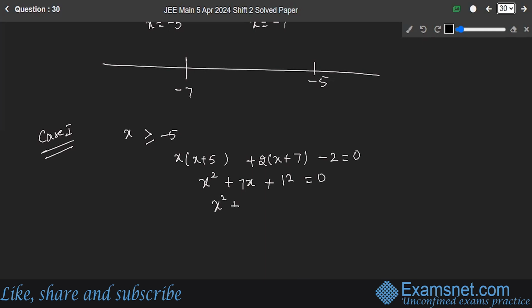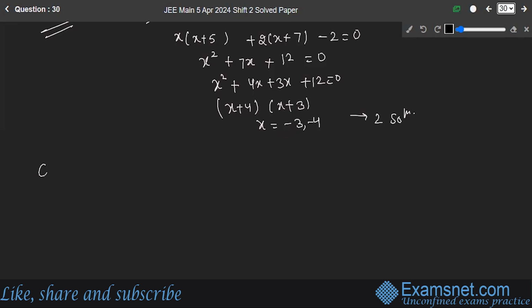So this will give me 4 and 3. So you will have the two factors, x plus 4, x plus 3, which gives me two possible values for x, that is minus 3 and minus 4. So there are two solutions.